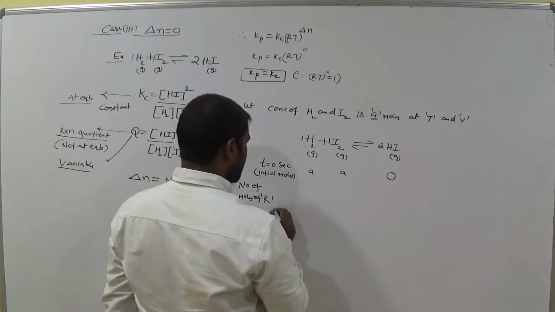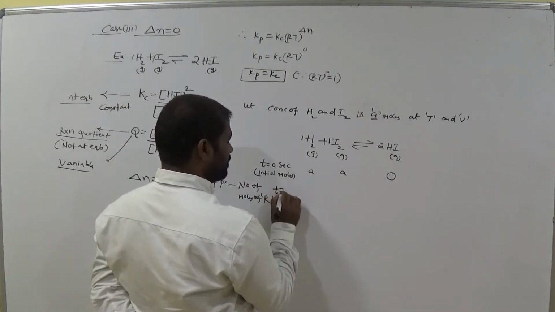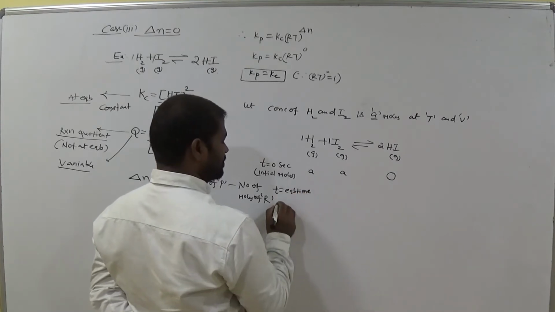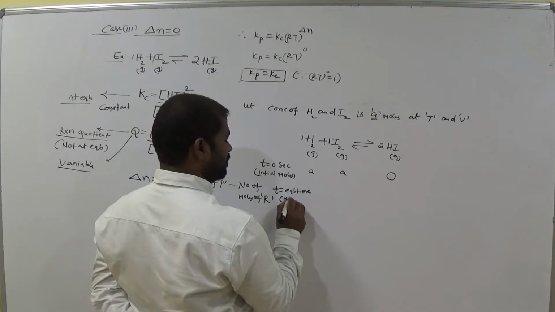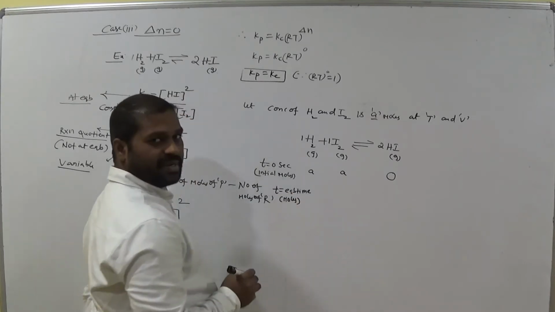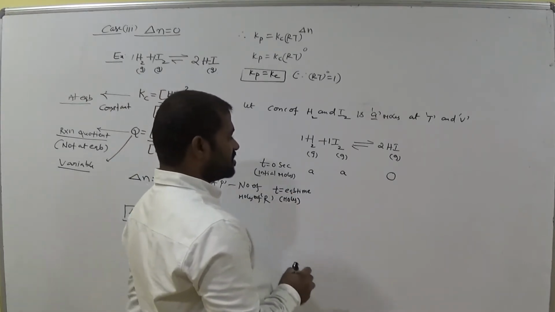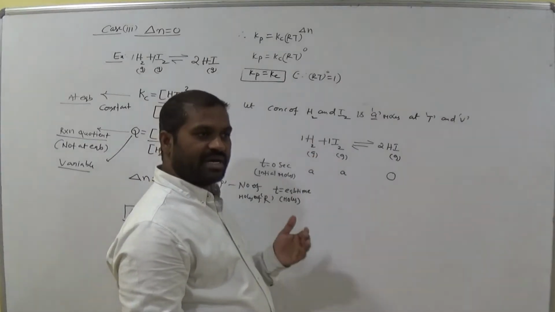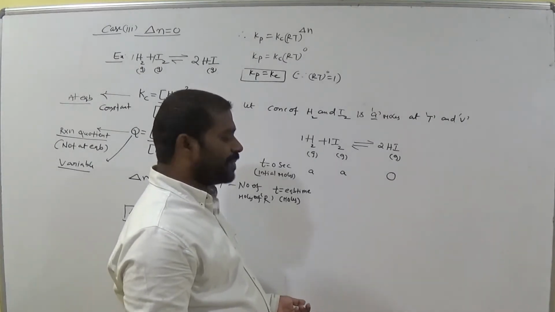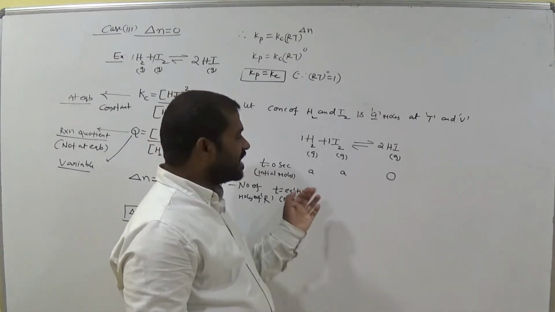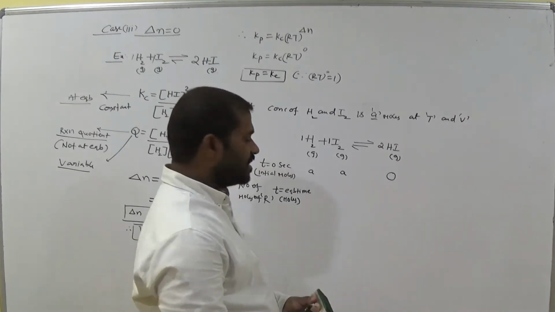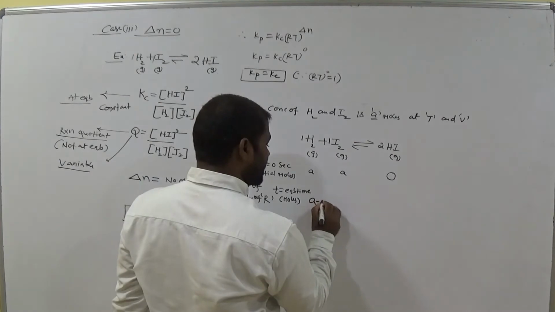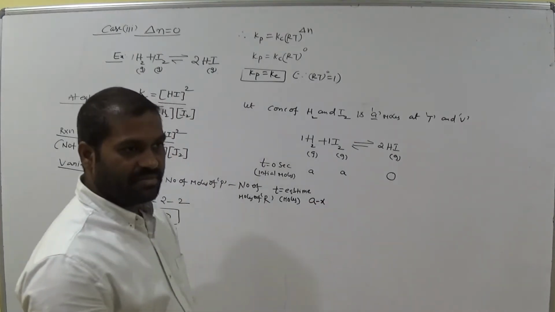Is it clear? Now at equilibrium, the moles at equilibrium time are called equilibrium moles. So suppose these are A moles, and after some time, as it approaches equilibrium, some moles decrease and are converted to product. Now suppose X moles decrease from A, then the remaining moles at equilibrium are A minus X. Remember this.